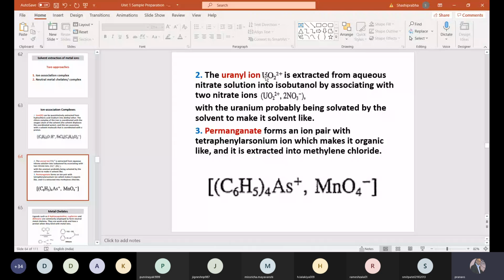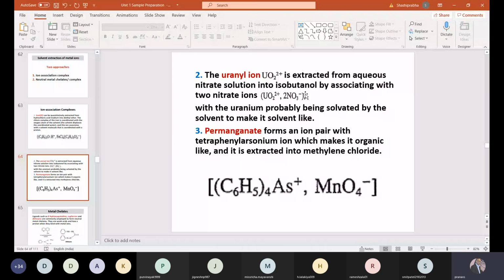The uranyl ion UO2 2+ is extracted from aqueous nitrate solution into isobutanol. Again, you have taken a uranyl salt, any uranyl salt, in aqueous nitrate solution with a small amount of nitric acid, and then you extract into isobutanol.